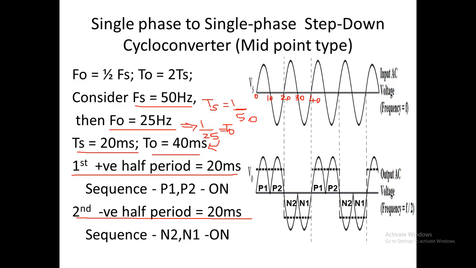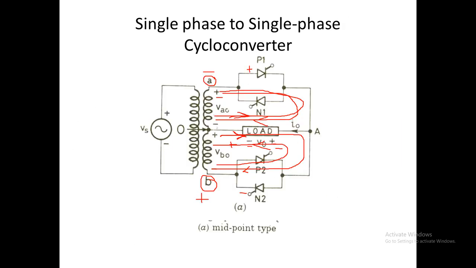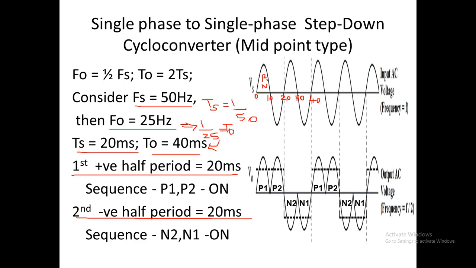For 0 to 10, the thyristors that will be in forward bias are P1, N2, and then here it will be P2, N1, and again P1, N2, and P2, N1.